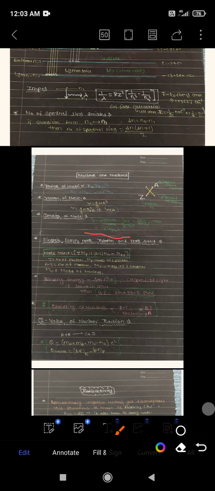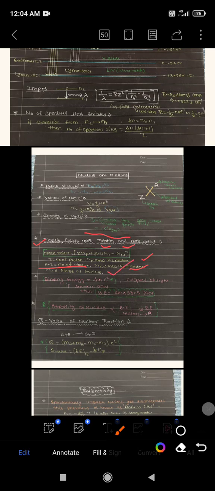And next topic is Einstein energy mass relation and mass defect. So formula of mass defect is Z into mass of proton plus A minus Z into mass of neutron minus mass of nucleus. Okay, where Z is number of proton and mp is mass of proton, and A minus Z is number of neutron and mn is mass of neutron, and M capital N is equal to mass of nucleus.